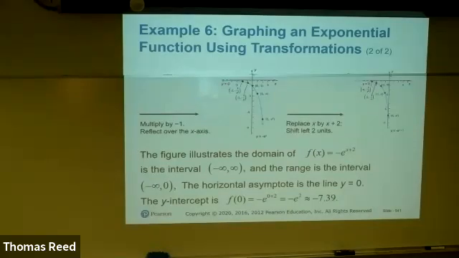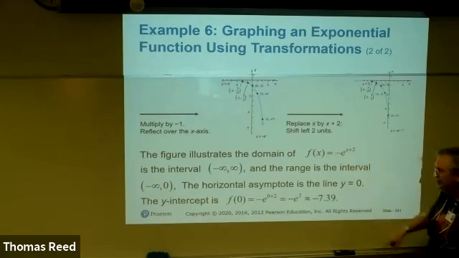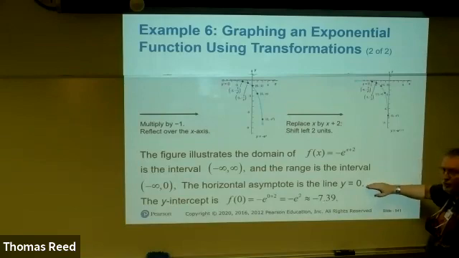From the graph, you can tell that the domain didn't change. I can still put any number for x in there. But what changed was my range. Instead of being all positive real numbers, now it's all negative real numbers because I'm multiplying by that negative sign. The horizontal asymptote remained y equals 0 because I didn't do a vertical shift.